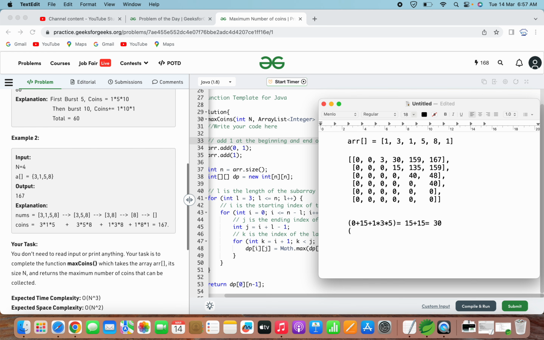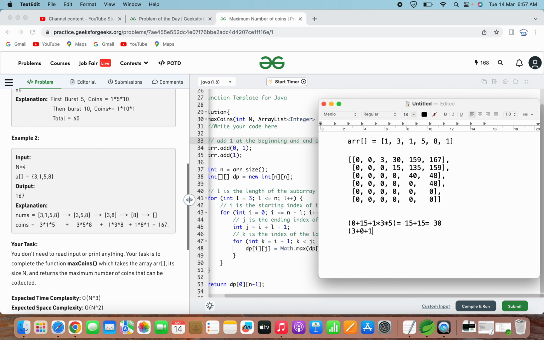The second combination was to add 3 and 0 here. So it will be 3 plus 0 to this. What will we add? The multiplication of 1, 1 and 5, because previous time we considered 1 and 5. These are fixed. For the k value we considered 3 last time; this time we will consider 1.